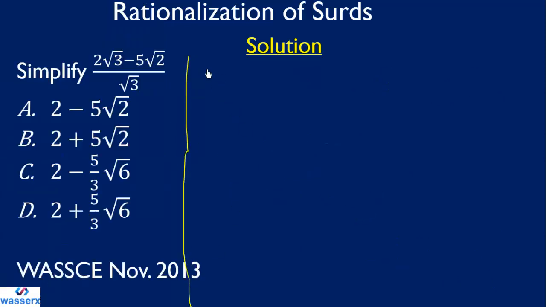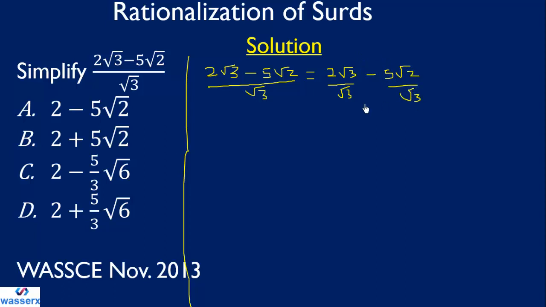So we are simplifying 2 root 3 minus 5 root 2 over root 3. So let's split the numerator first. So we are going to obtain 2 root 3 over root 3 minus 5 root 2 over root 3. So root 3 will cancel, and we obtain 2 over here.